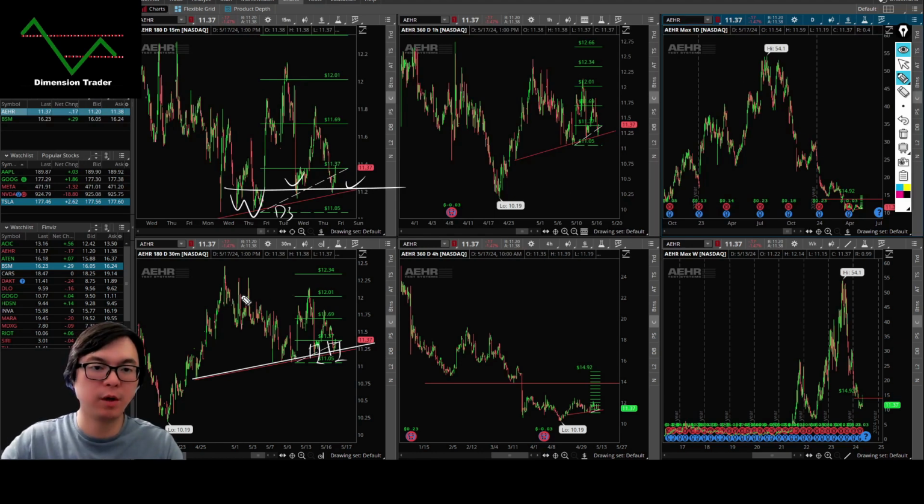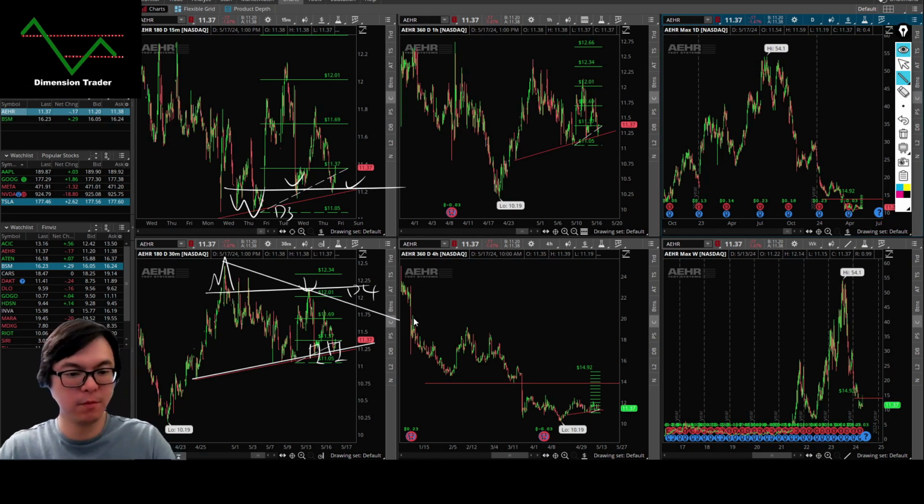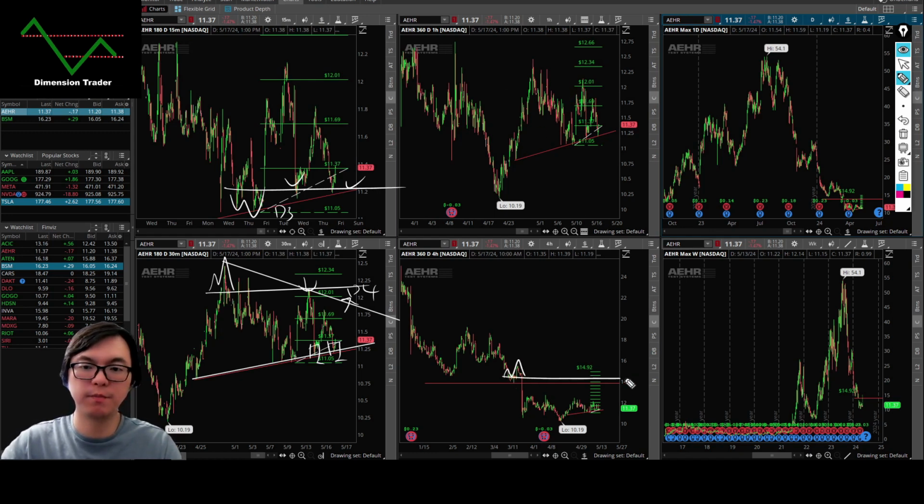Also, we have the top of the dimension 4 being bounced. Of course, we have the short-term trend. If the price breaks through here, we might expect the higher dimension 4, which could be up here.